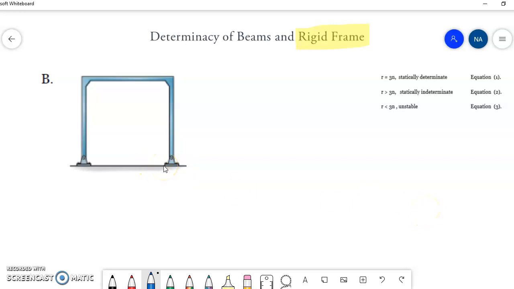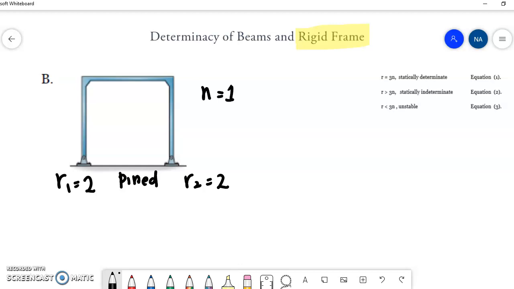Okay, change the color first. And then this is a pin. So both supports are pins. Okay, pin support. So this one R1 is equal to 2 reactions, R2 will have 2 reactions. So how many N? This is only 1 N. N is equal to 1.